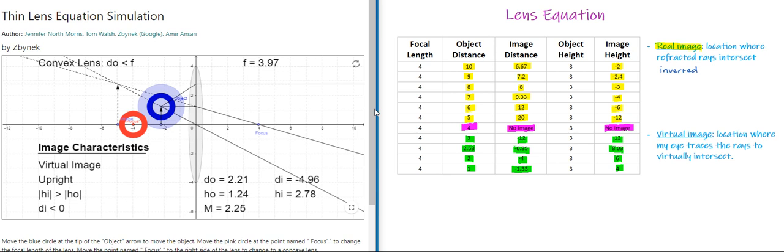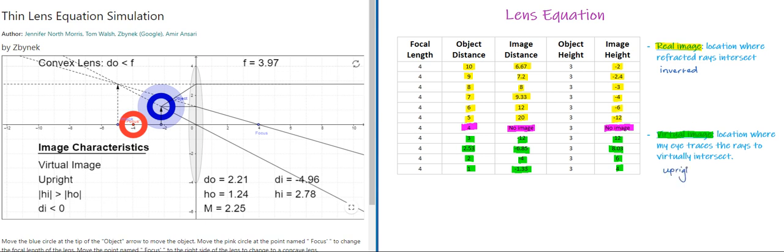And this image would be a larger image, as we can see here, than the object height, but the image would be a virtual image. Now, the reason we refer to this as a virtual image is because it's not there until somebody actually looks into the lens to actually see it. It cannot be projected.